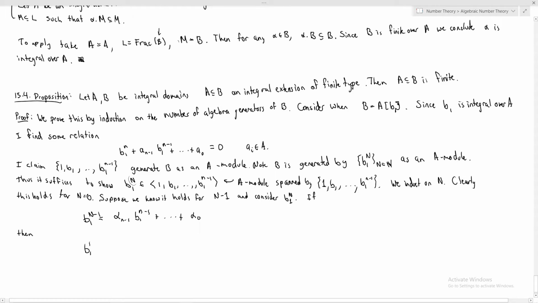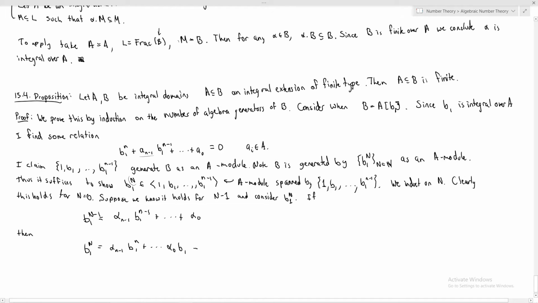I'll get B1 to the n equals alpha to the n minus 1, B1 to the n, plus alpha naught B1. And using the equation up here, I can rewrite B1 to the n as negative all this stuff.